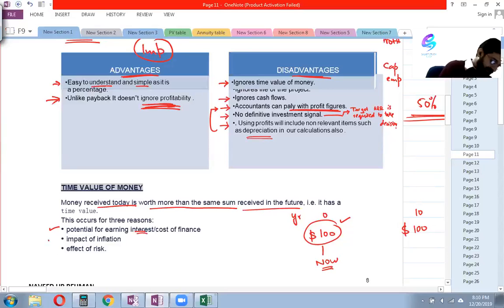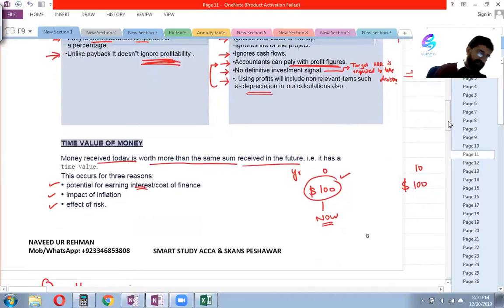The second factor is the inflation, that after 10 years, the value of $100 will be lower. And the third factor is the risk, that if you want to wait for 10 years, then you are actually taking risk, because I may not have $100 after 10 years. And because of these three factors, you will go for getting the money now.